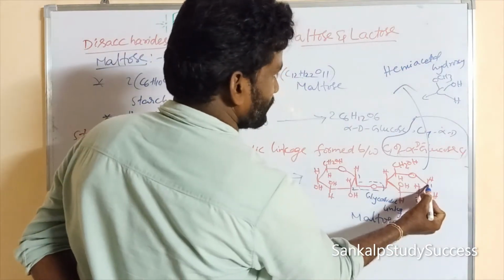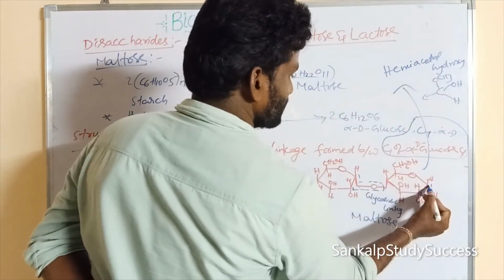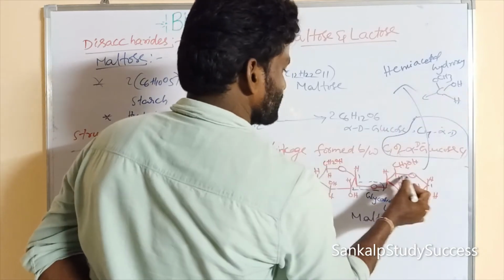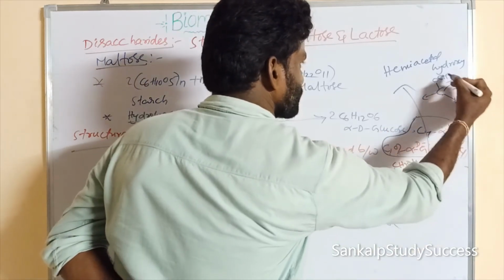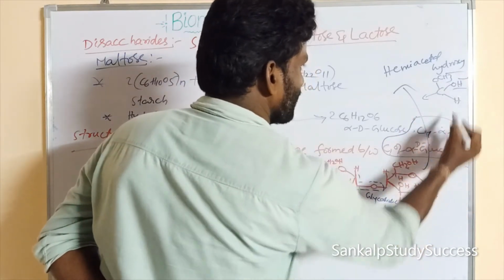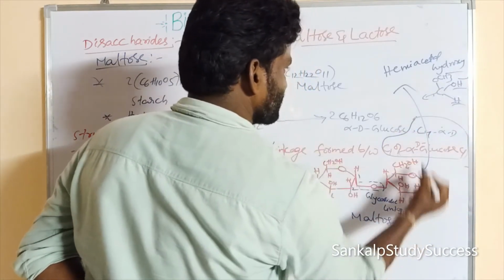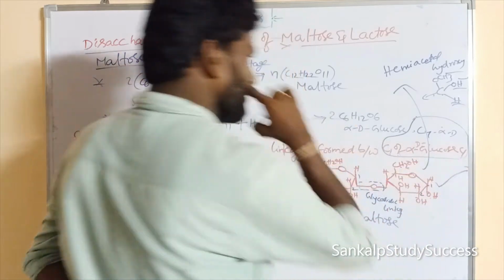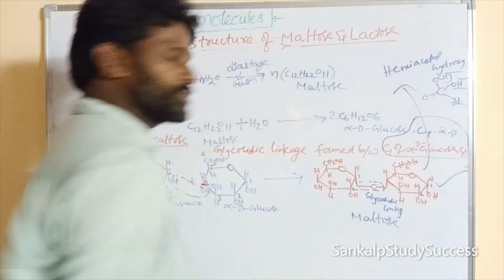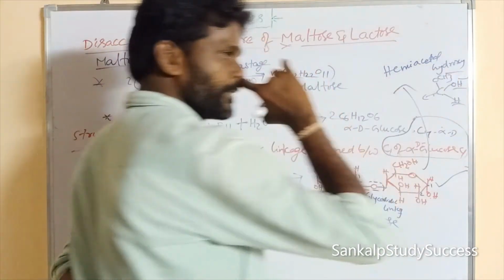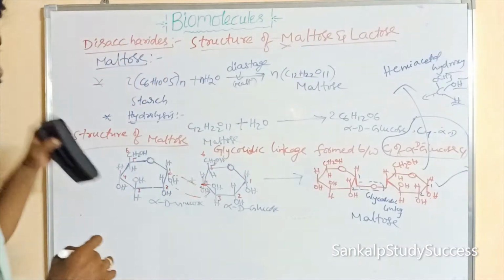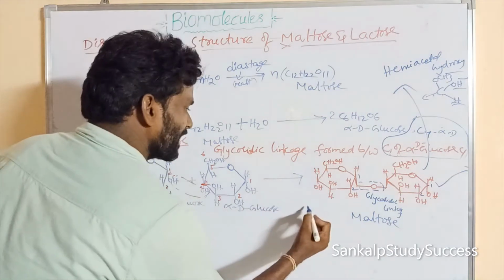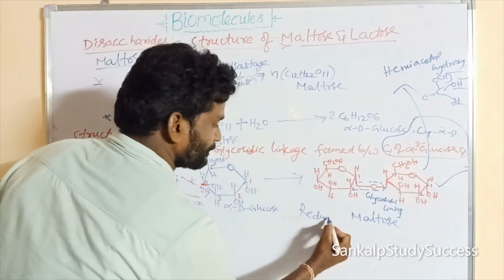This is O, this is C, containing OH, and it also contains hydrogen and is linked with C. So it contains a hemiacetal hydroxy group. So this acts as a reducing sugar. Maltose acts as a reducing sugar.